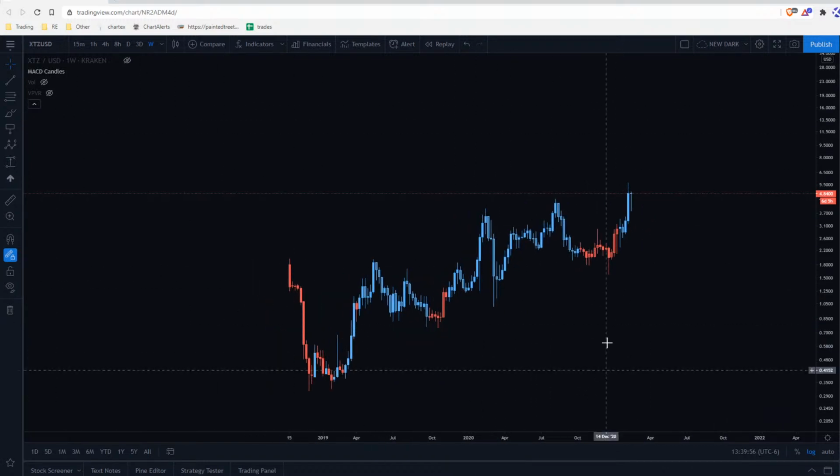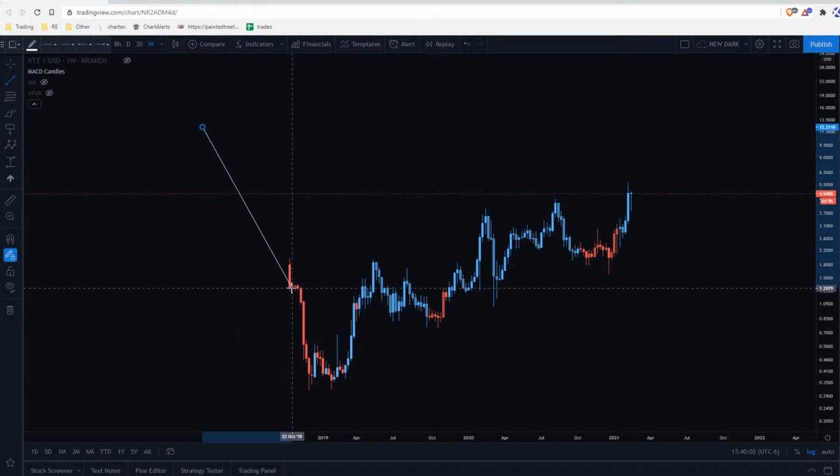But what we're doing here is reversing a downtrend. Actually, let me go ahead and put that back. It was around 12 bucks. So we are reversing a downtrend from back there.